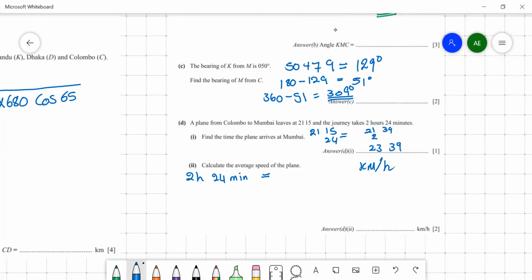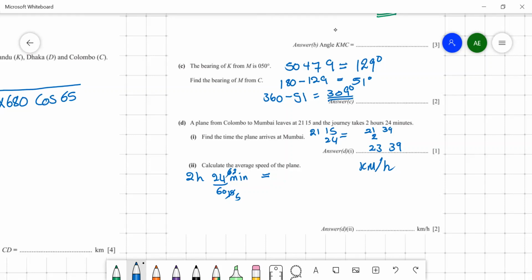So for 24 minutes, I have to divide by 60. Dividing by 4 up and down, it's going to be 6 over 15. Divide by 3 up and down, it's going to be 2 over 5. 2 over 5 means 0.4.